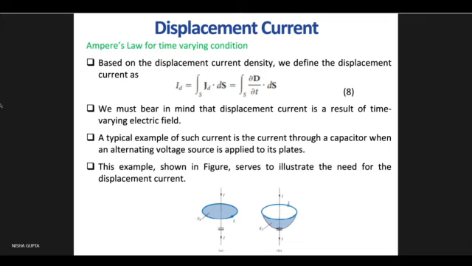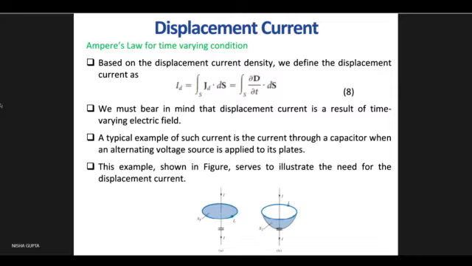This displacement current is the result of the time varying electric field. If the electric field is static, this displacement current is not going to occur. Only when the electric field is time varying will we get the displacement current.